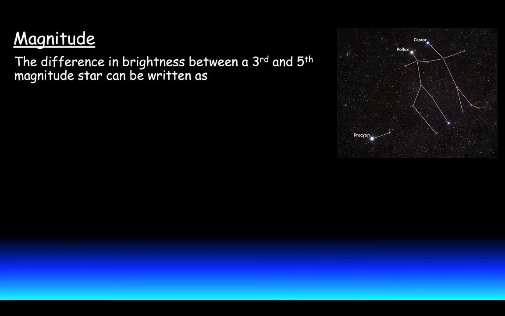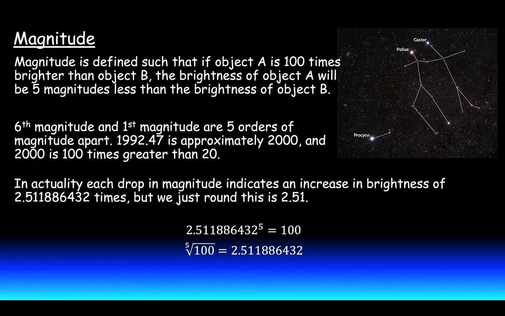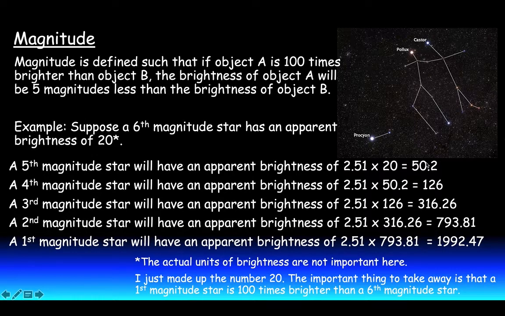So how could I write the difference between a 3rd and a 5th magnitude star? Well, I see the number 3 and I see the number 5. So I know that these 2 stars are going to be 2 magnitudes different from each other. So if I look back here, the 4th magnitude star would be 2.51 times brighter than the 5th magnitude star. The 3rd magnitude star will be 2.51 times brighter than the 4th magnitude star.